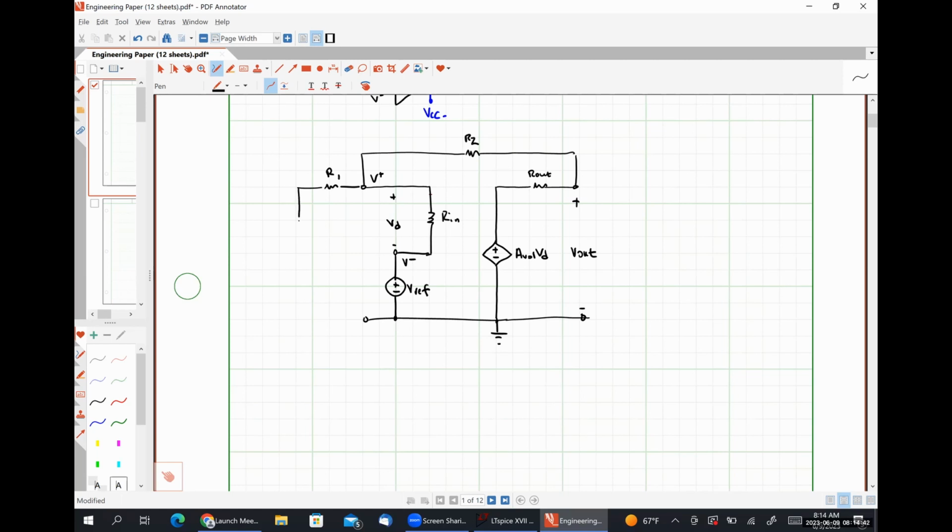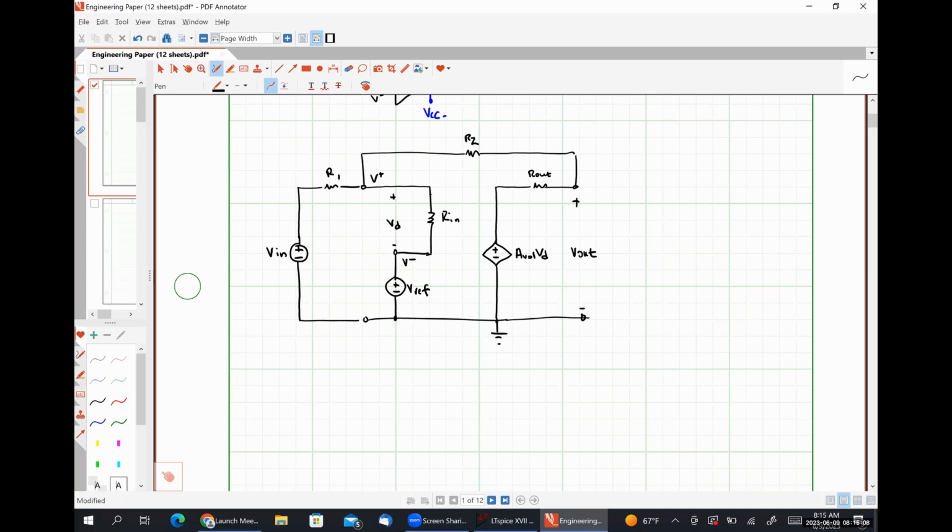And so now my input signal is placed between this leg of the resistor and ground, like so. Okay, so let's put our assumptions into place here.